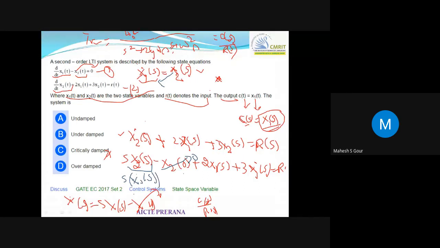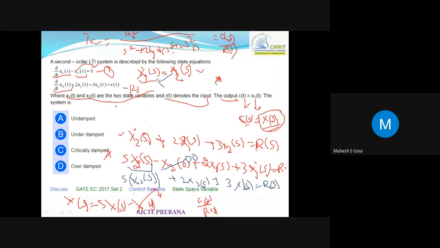So this is 0 plus 2 into x1 of s plus 3 into x1 dot of s is equal to r of s, correct? Any doubts here? x2 of s I have replaced again with x1 of s. So now again replace x1 of s with this. How are we going to replace x1 of s?